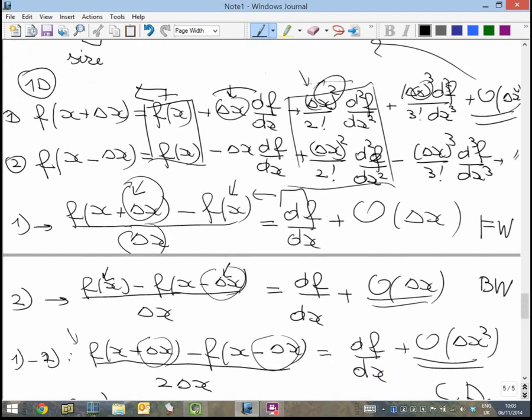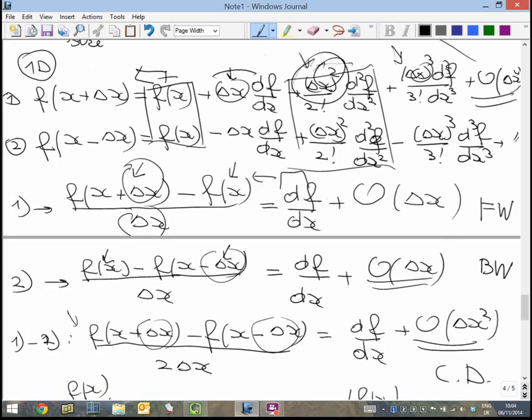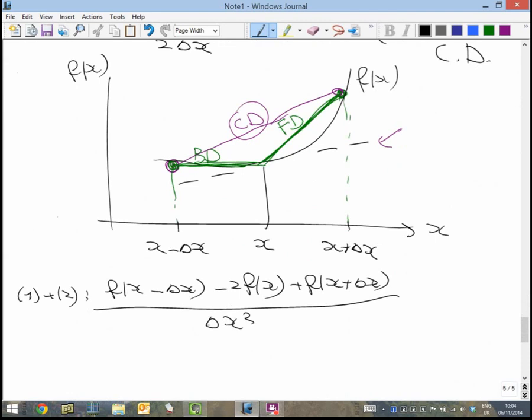Let's bring the equations back. So let's draw another dirty line. So we need to divide by delta x squared. And if we sum the two of them, the next term involving delta x cubed will disappear. So the first one that we have left is delta x to the fourth. But since we divide by delta x squared, this is a second order accurate approximation, plus on the order of delta x squared.